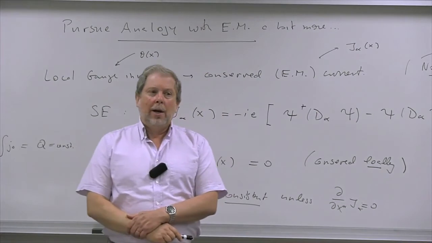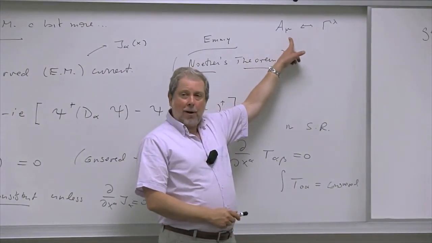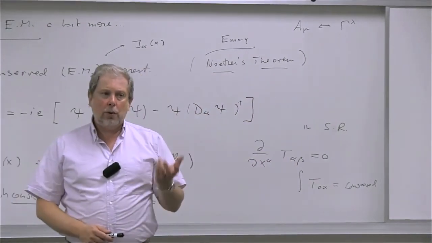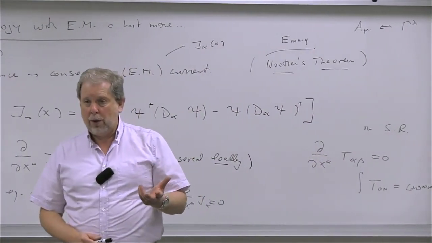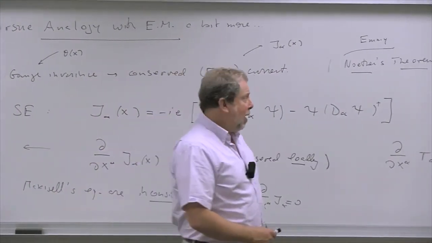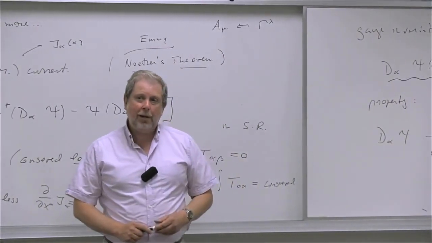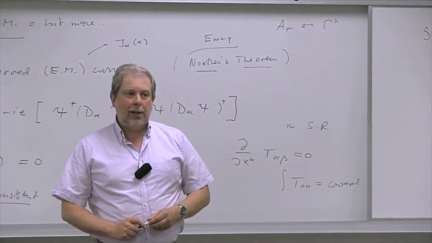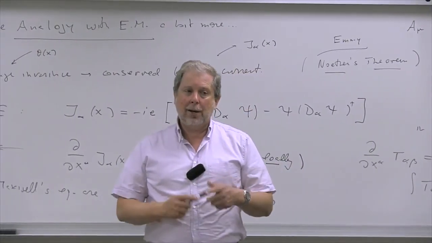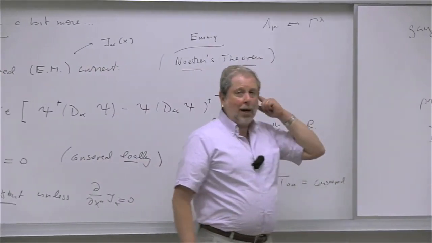In electromagnetism, the A mu is the primary, fundamental field. If you know the A mu, then you know everything there is to know, and you can calculate the electric and magnetic fields from it. In gravity, it's a little bit different because this gamma lambda is not a fundamental field. It's the metric that is the fundamental field, so by taking derivatives of the metric, you get the gamma.